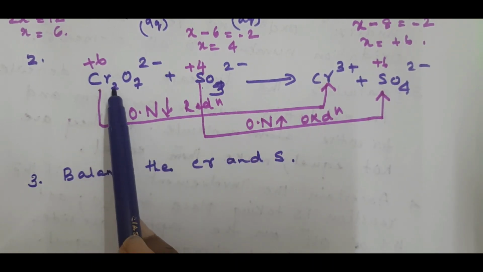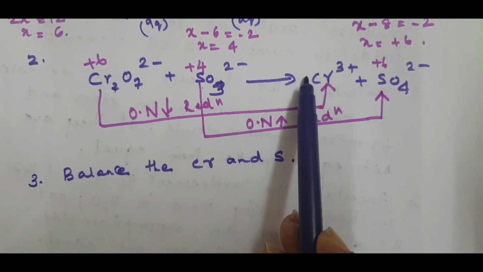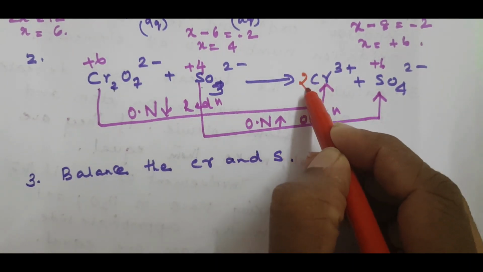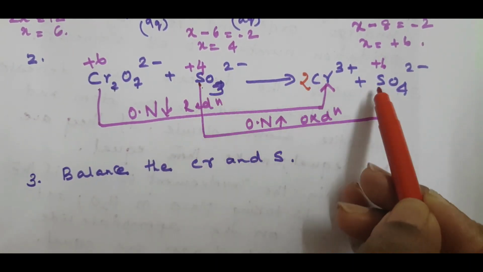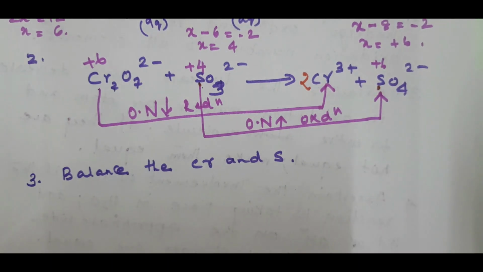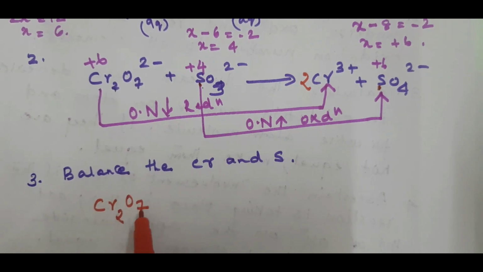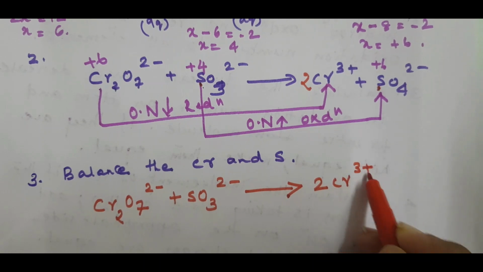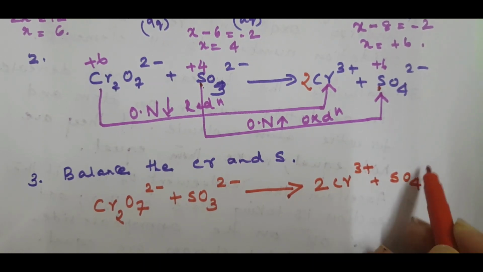This chromium, here it is 2 chromium, so you can put 2 chromium here, correct? I can put 2 chromium here, but sulfur is 1 and here sulfur is 1, so nothing can be changed. So I can write, if balanced, Cr2O7 2 minus plus SO3 2 minus will give you 2 Cr3 plus SO4 2 minus.